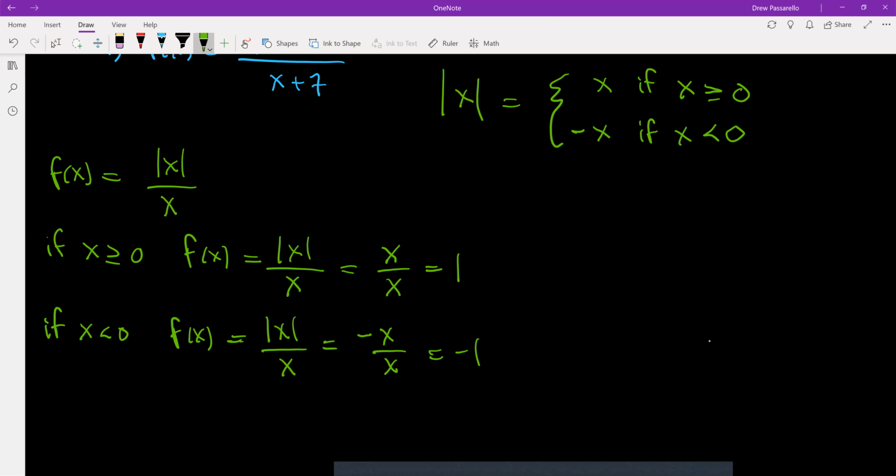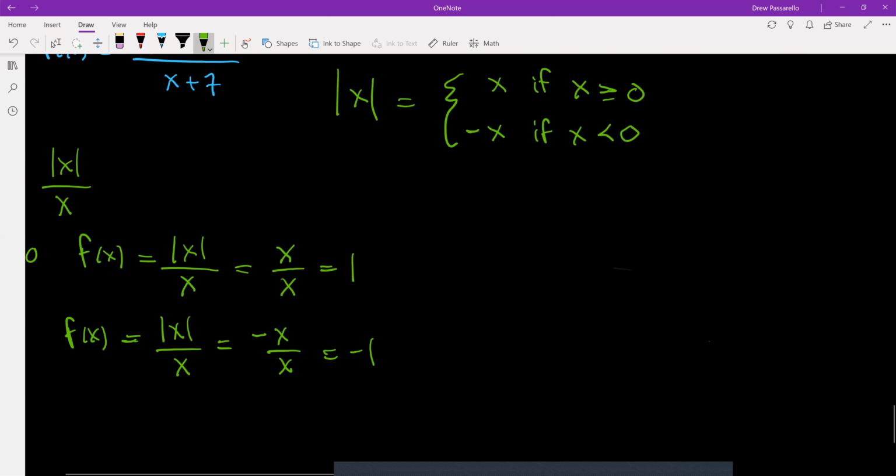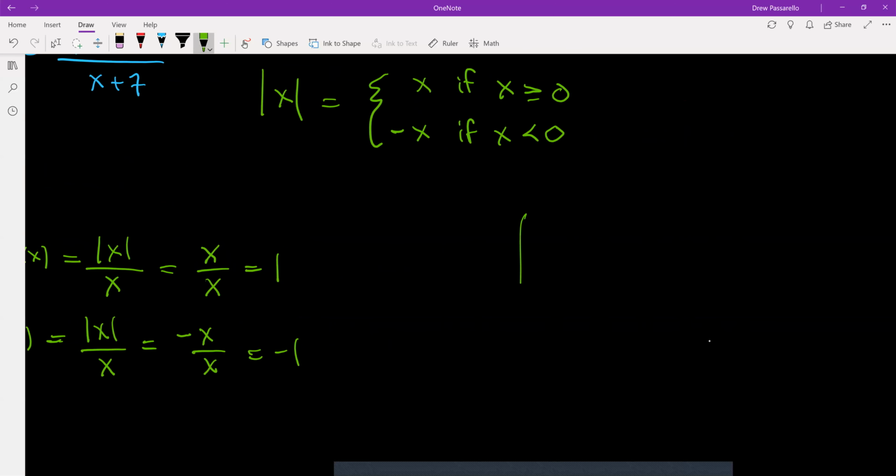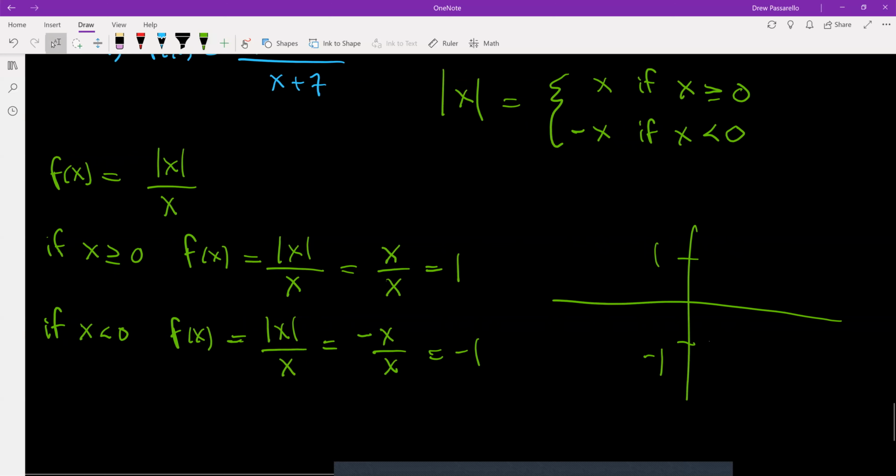And if you were to graph this, all right, so let's say 1 is right here, negative 1. Now for the portion in which x is greater than or equal to 0, I get it to be equal to 1, and that's for all x.